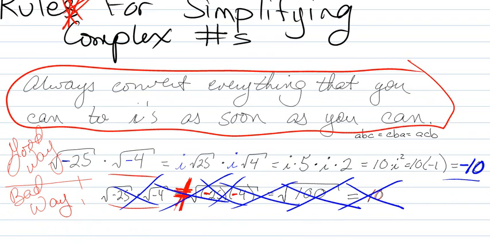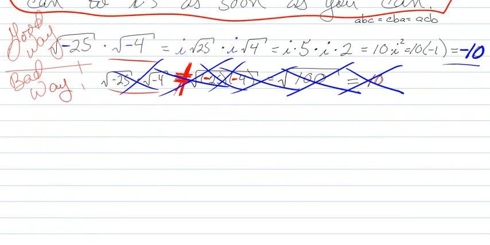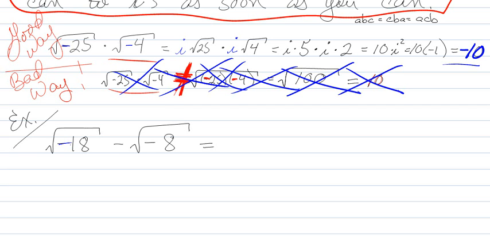Like I said, it also makes things a little bit easier because you can do things like this. Say I had the square root of negative 18 minus the square root of negative 8. That's pretty hideous, right? I've got negatives everywhere. I'm not going to worry about it. I'm taking it a step at a time. I'm going to do the one thing I know how to do, and that is get rid of the negative signs inside the square roots.